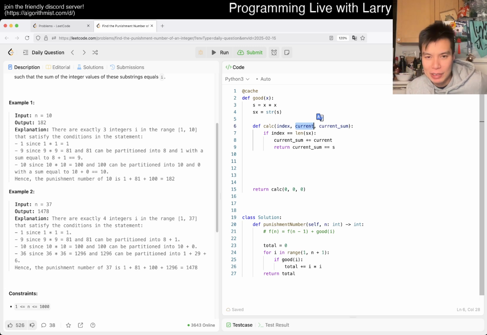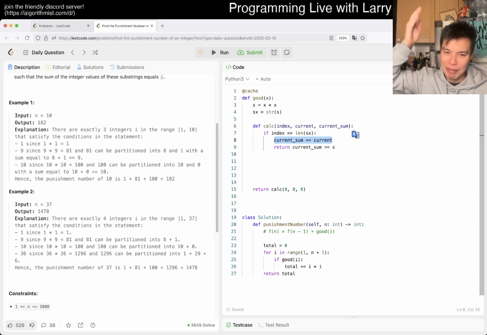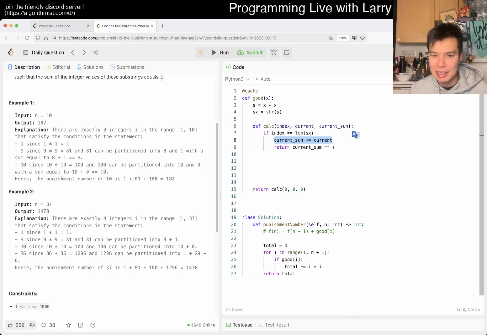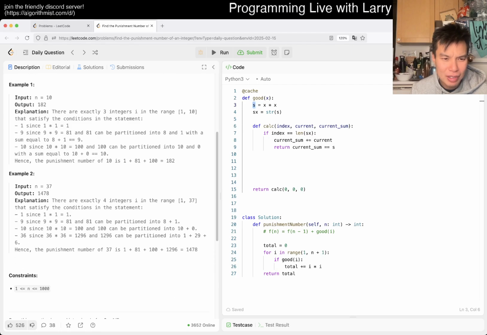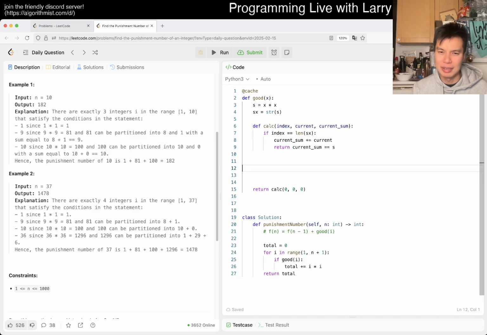But this is the base case where we ran out of digits. We add them because you can think about it as having one divider at the very end. And if this is equal to s, okay, I think this is fine.